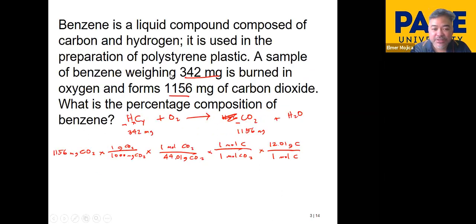So the pathway that we have here is just from your CO2, we want to determine the amount of carbon in the given compound. If you're going to look at the units, grams cancel, moles of CO2 cancel, and moles of carbon cancel. And what's the answer that you get there?